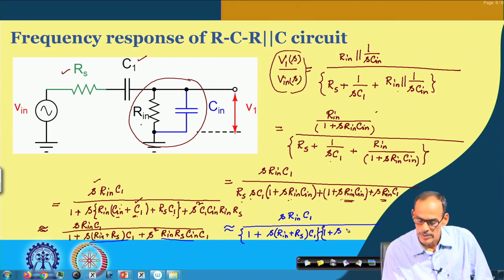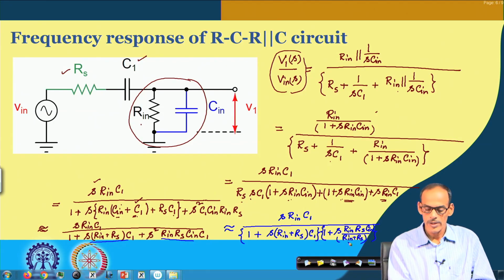So, then we do have R in, then R S, divided by R in plus R S into C in. Okay.